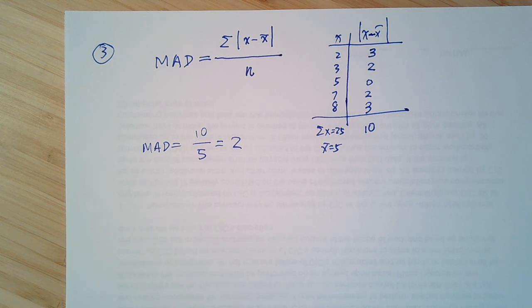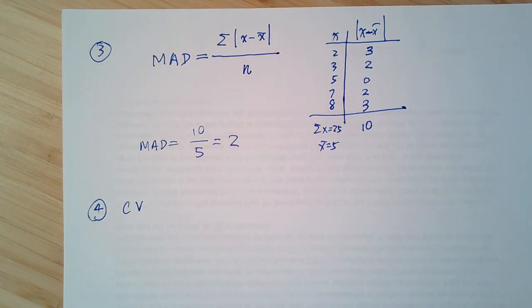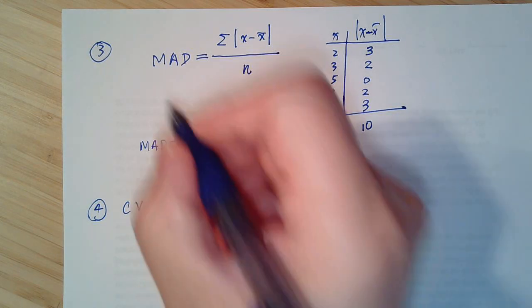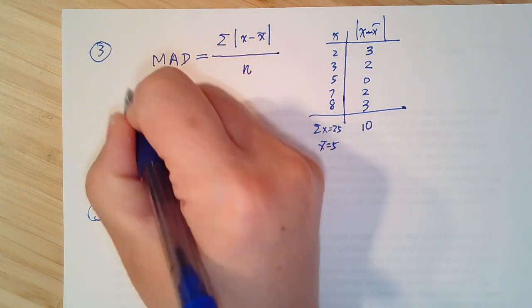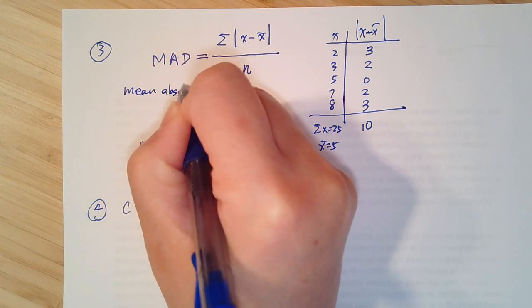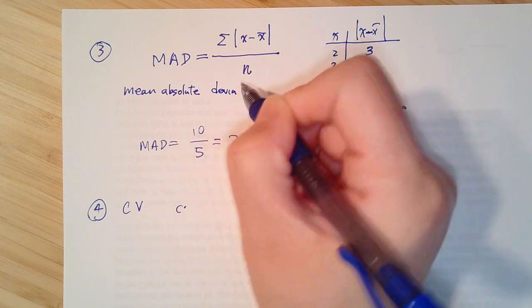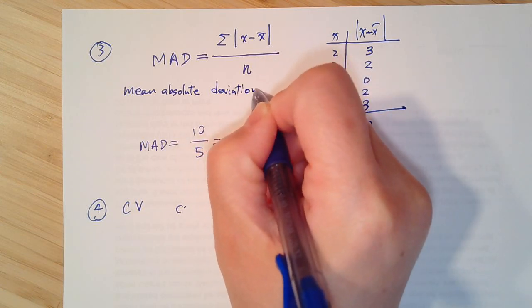All right, now the next concept is called the CV. First, MAD is mean absolute deviation. When I say absolute, that means you take the absolute value.